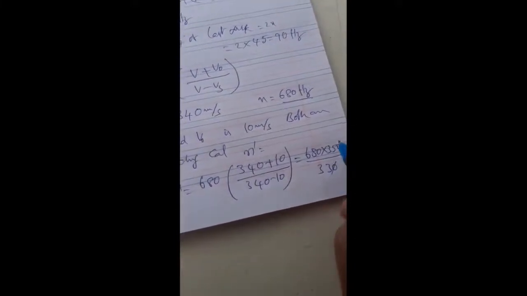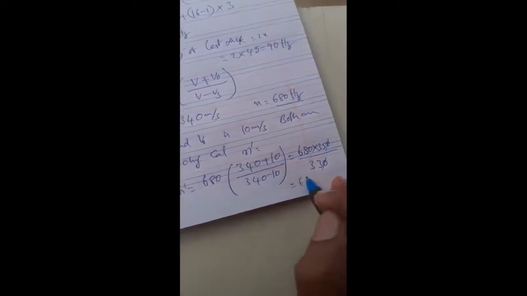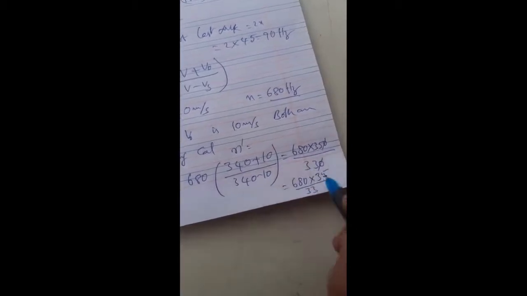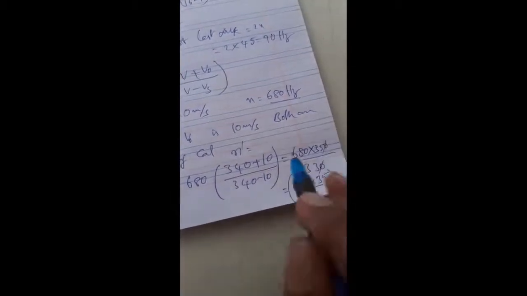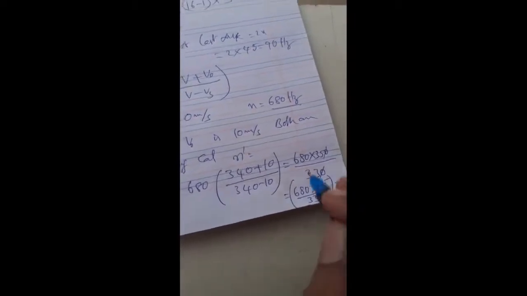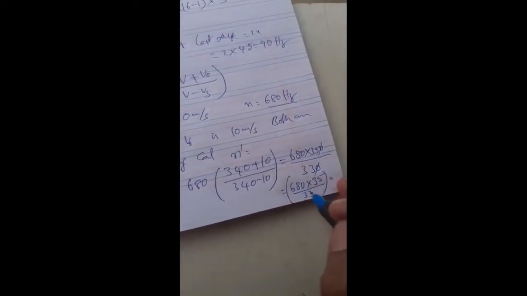So a zero cancels, 680 into 35 divided by 33. So you have to simplify this. Approximately you can get above 680, so 690 something. You calculate this. So these are the problems related to waves. Okay.